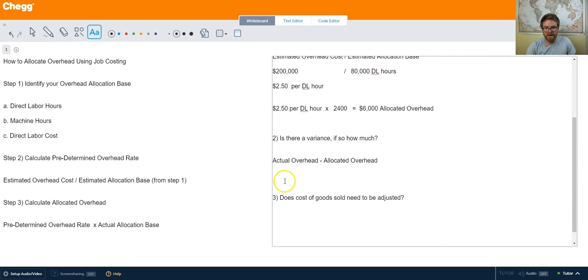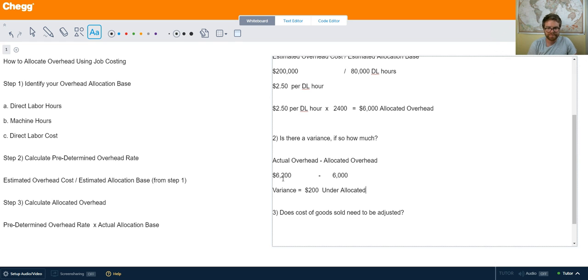So that comes out to be about $6,200 minus 6,000. Variance equals $200. And since our actual was greater than our allocated, we underallocated it by 200.